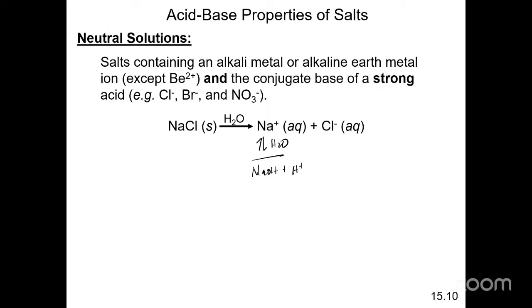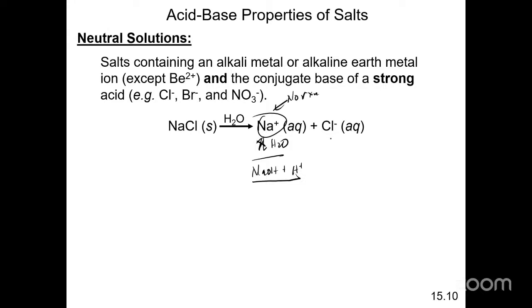But this reaction will not take place because sodium is a very stable ion in an aqueous solution. It's impossible for sodium hydroxide and H+ to coexist in an aqueous environment, because an acid-base reaction will take place.